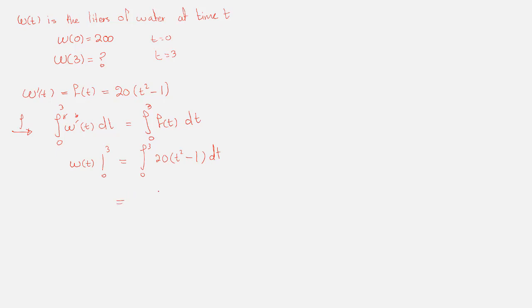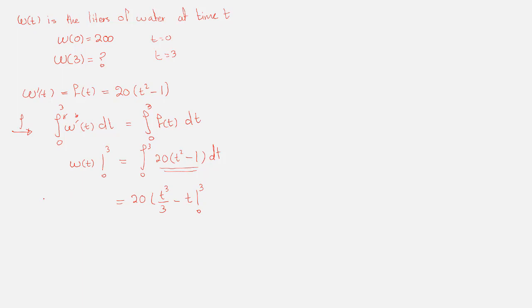Now let's integrate this part using the power rule. We will get 20 outside the integration because it's a constant coefficient. t raised to 3 over 3 minus t from 0 to 3.